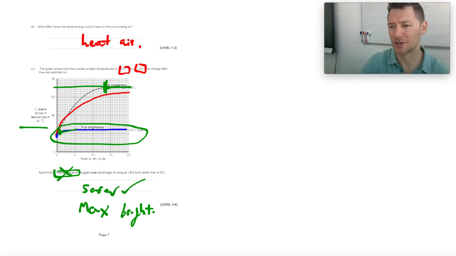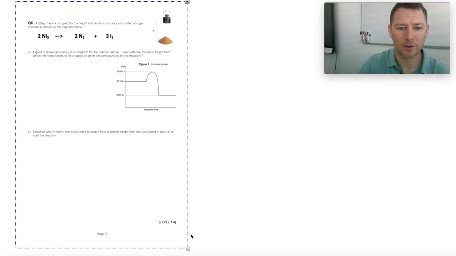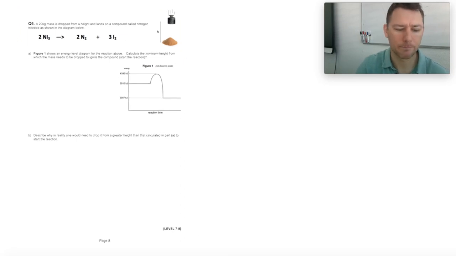Ooh, this was the good one. Alrighty. So with this, they gave you the chemical makeup of this, and when you calculated this, you had to look at energy in and energy out.